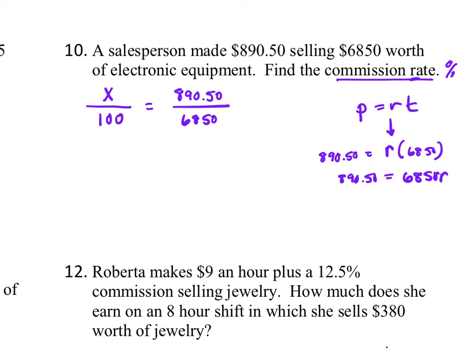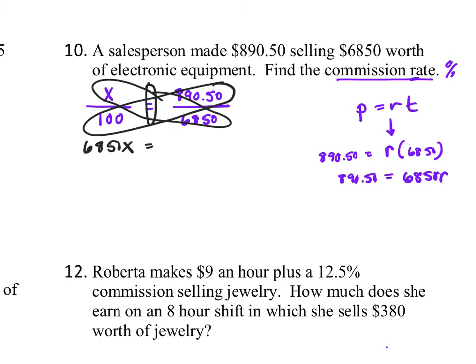I'm going to continue on with the proportion method. I prefer to do my side that has the x first, 6,850x equals, and then 100 times $890.50.